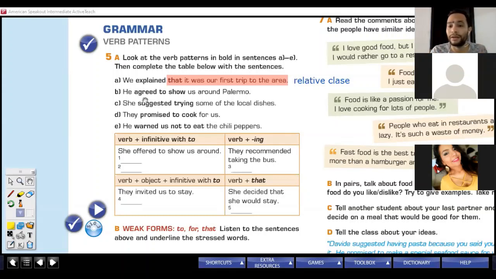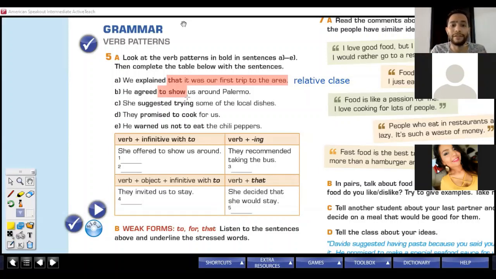Which is this second pattern? After the verb agree, let me do it one more time. After the verb agree, we have an infinitive verb or an infinitive pattern, right?